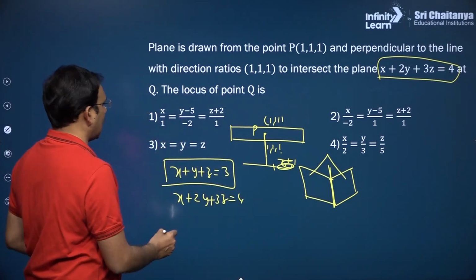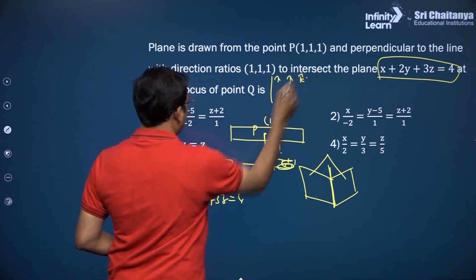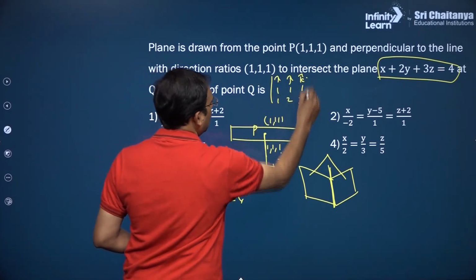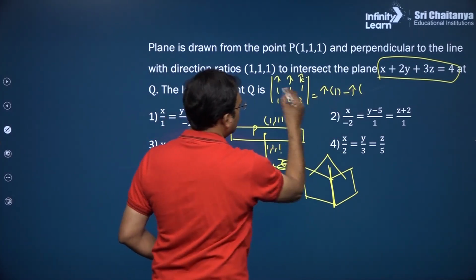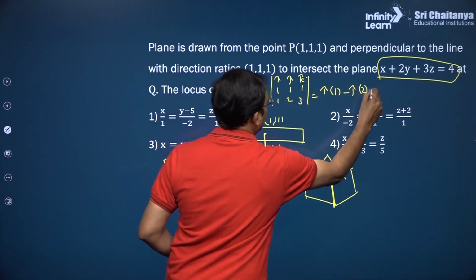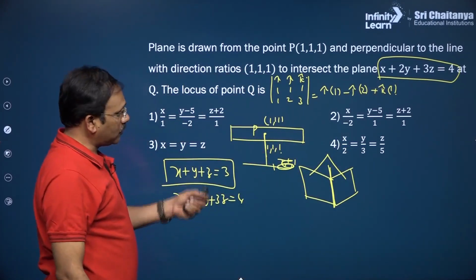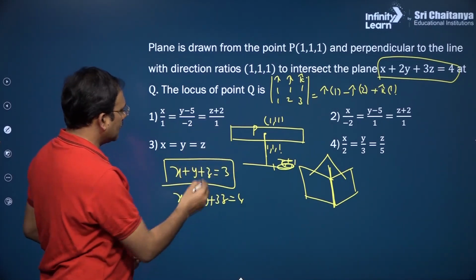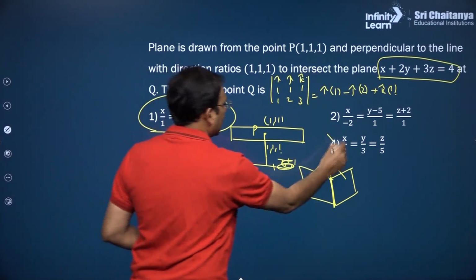So, just take the cross product of i cap, j cap, k cap, the normal of the first plane, the normal to the second plane, 1 2 3: i cap into 3 minus 2 is 1, minus j cap into 3 minus 1 is 2, plus k cap into 2 minus 1 is 1. So, my required line's DRs are going to be 1 minus 2 1, such DRs are present only at this option, at no other option.